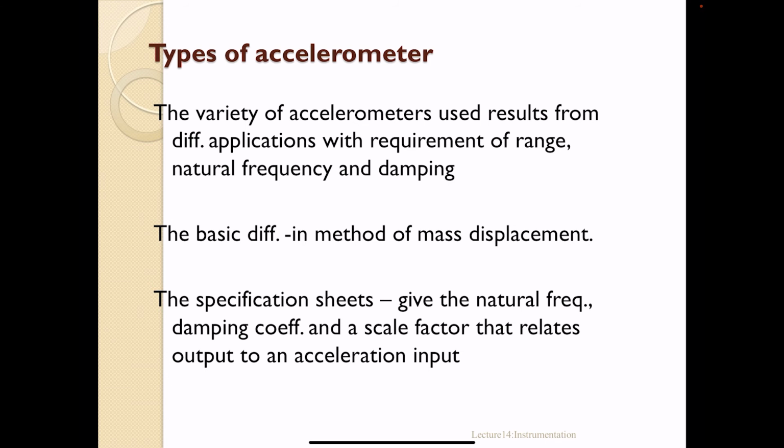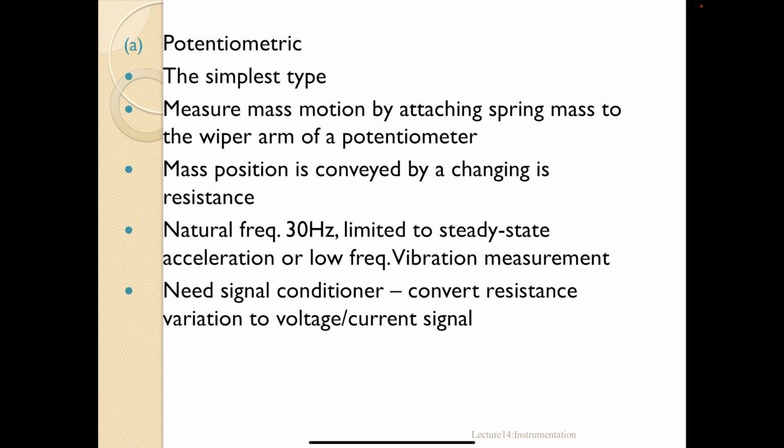Most accelerometers give a specification sheet that tells us about natural frequency, damping coefficient, and also a scale factor that relates output to input. There is also the potentiometric accelerometer, which is the simplest accelerometer. The concept is to measure the seismic mass motion. This is done by attaching the spring mass to the wiper arm of a potentiometer.